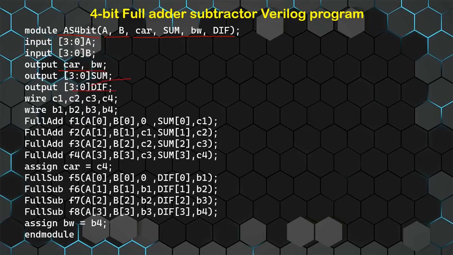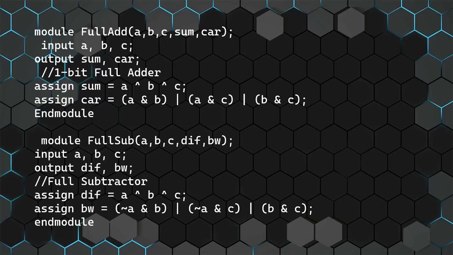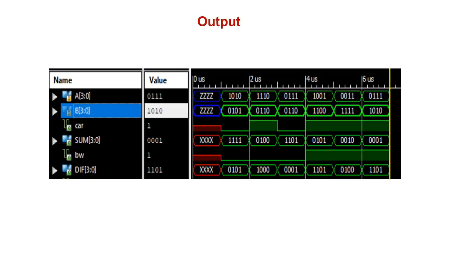And for the circuit, wires for addition it is C1, C2, C3, C4. In circuit we got, right? So those are the one. And for subtraction it is B1, B2, B3, B4, and we'll be performing the addition using data flow. Okay. Then this is the output for the given code.